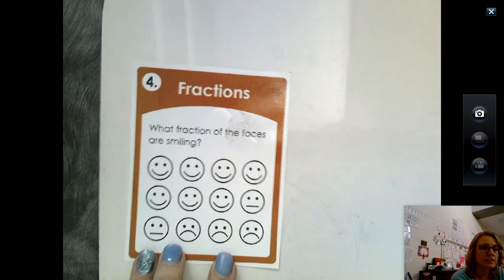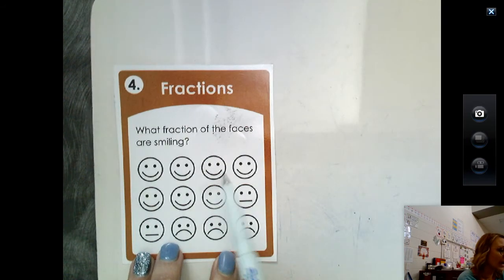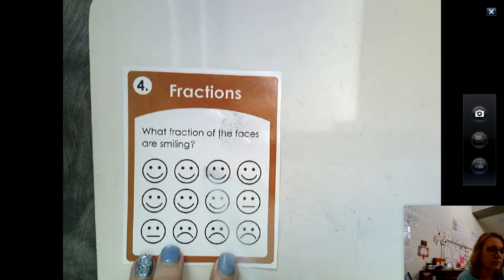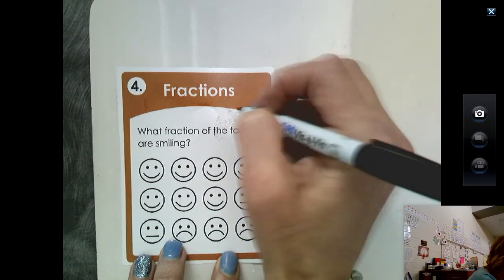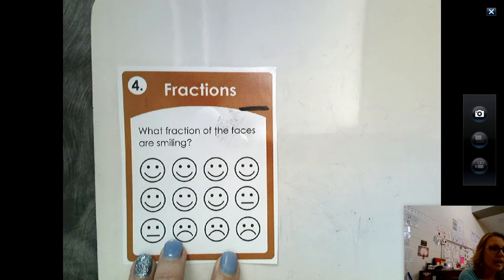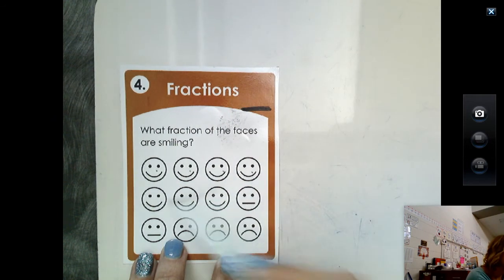Okay, fractions can also be of a set of something. So this is a set of smiley faces, and I'm going to decide what fraction of the faces are smiling. Well, just like before, I'm going to draw my line, and I'm going to decide first how many faces I have in all, and that's going to be my bottom number. 1, 2, 3, 4, 5, 6, 7, 8, 9, 10, 11, 12.